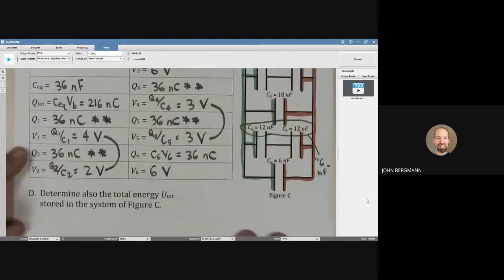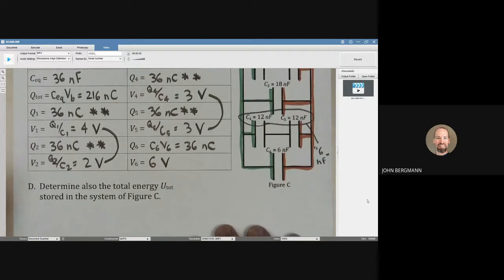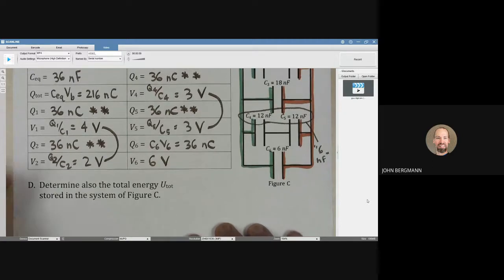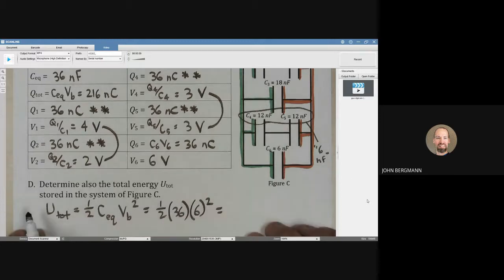All right, what's the total energy stored in this system? We could calculate the energy stored in each of the 6 capacitors and then add them up, or the quicker way to do it is to say that the total energy is going to be 1/2. You can use any number of equations. How about the equivalent capacitance times the voltage of the battery squared? 1/2. The equivalent capacitance is 36, and the voltage of the battery is 6 squared.